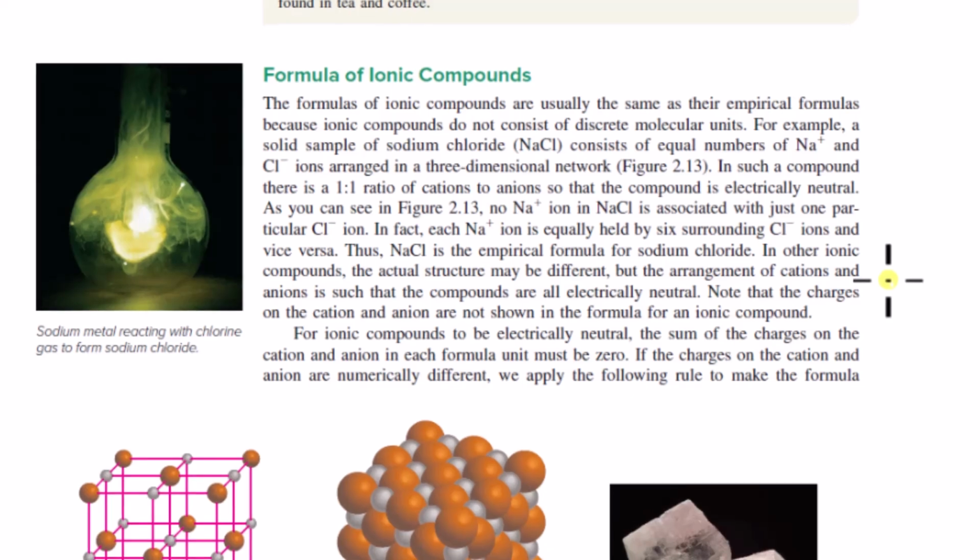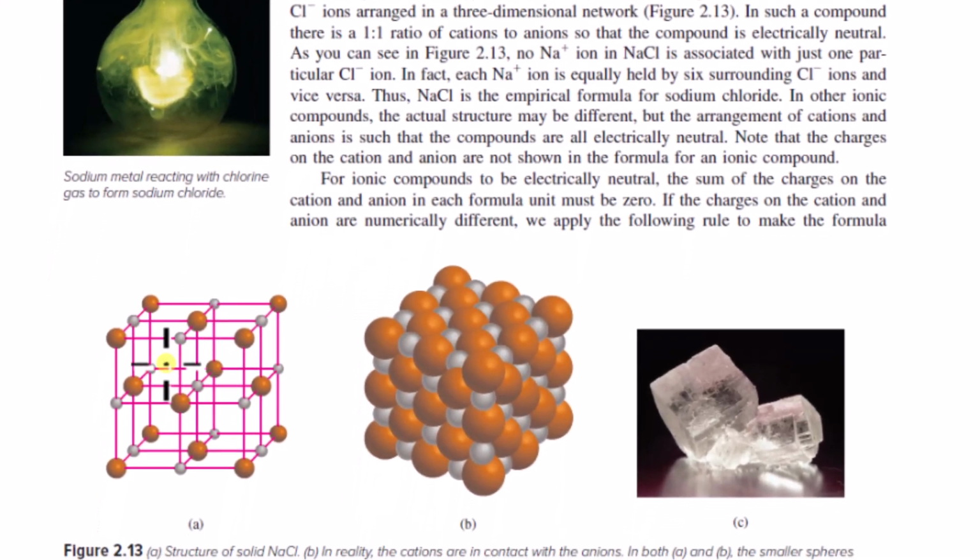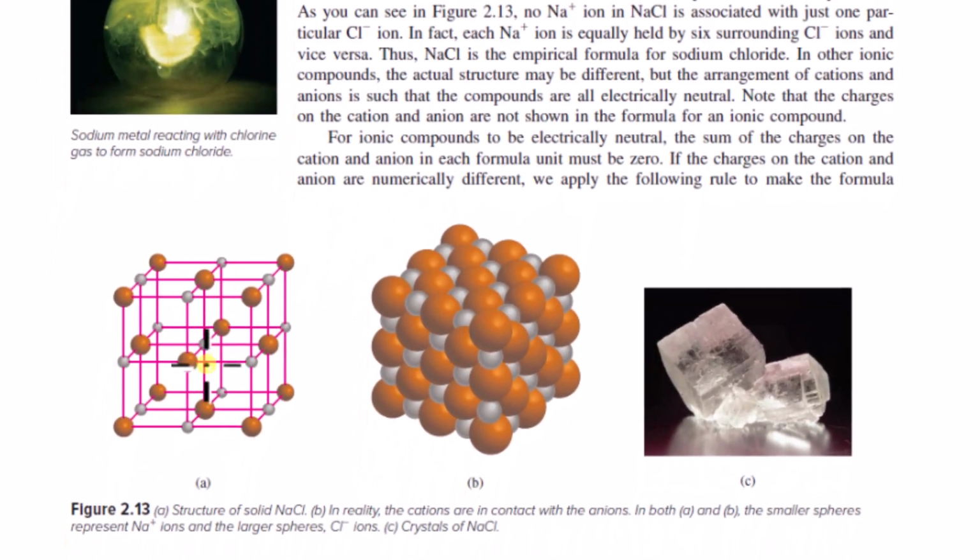Because if we look here at sodium chloride, these ions are going to come together and the sodium cation is going to be completely surrounded by the chloride anions. But then if you keep going, it's vice versa. The chloride anions are also completely surrounded by the sodium cations. So it's completely neutral.